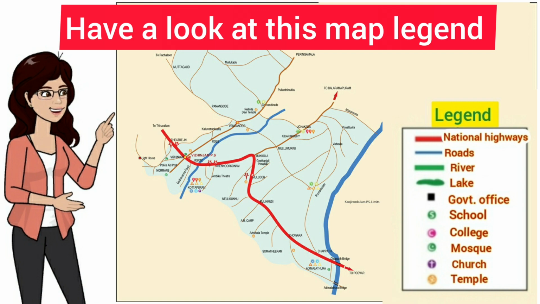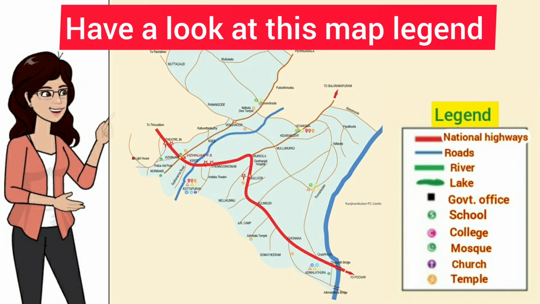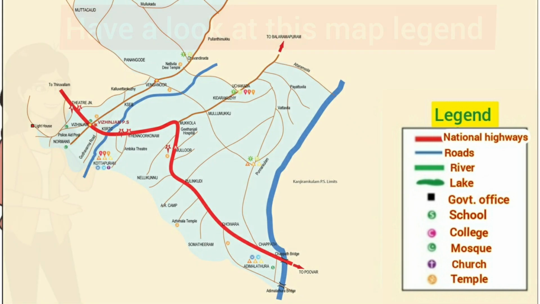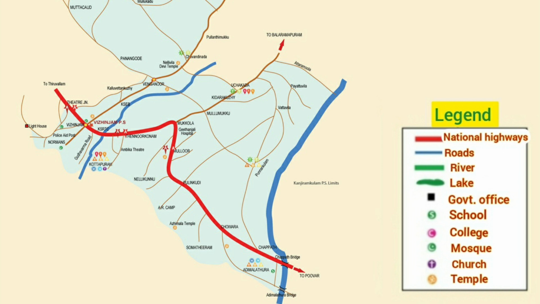Now you can easily find out the location of these places on the map. Let us take the example of a church and find out where it is located in the given area. You know very well, this sign stands for the church. Here you can find the same sign. So you can say, this is one of the locations where you can find a church.